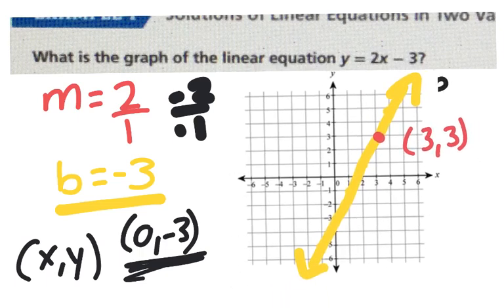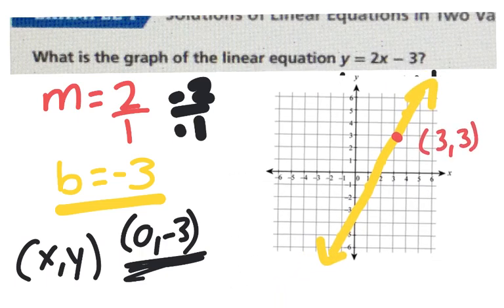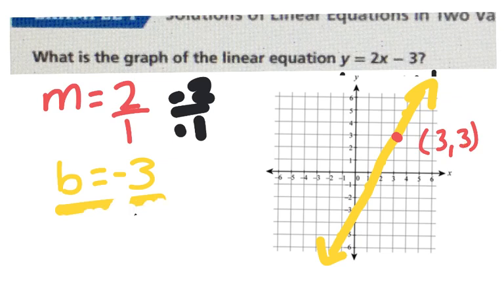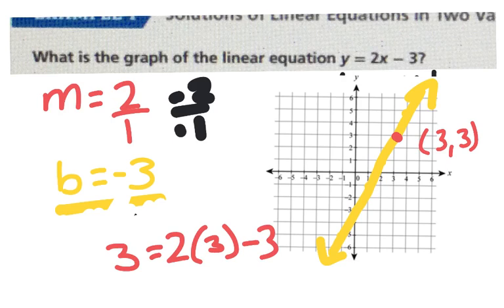Okay, now what does it mean if this point is on my line? It means if I plug in 3 for x and 3 for y, this should make a true statement. If it does not make a true statement, then it's not a point that is on that line. So let's say y, which is 3, equals 2 times x, which is 3, minus 3.